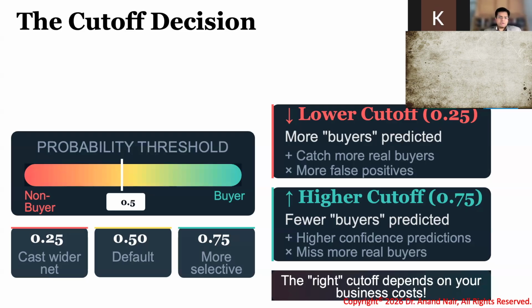So that's the approach that we typically take. It's a business decision, not a statistical decision. It depends on the context in which you're working. And that's what the second case will illustrate, because the second case was meant to emphasize the idea that the context decides which cutoff we want to consider.